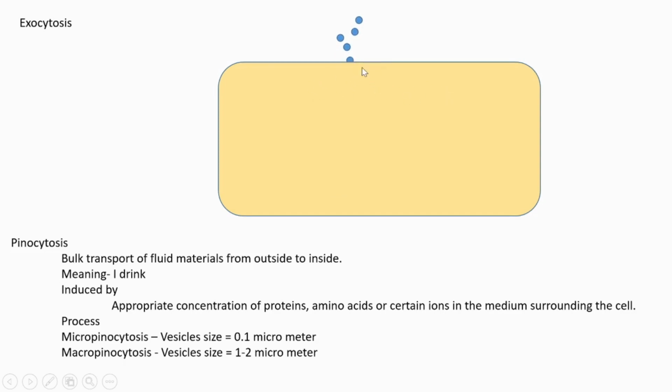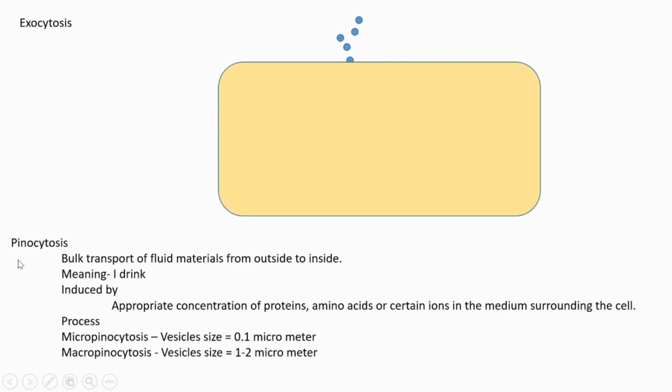Then the plasma membrane regains its original form because the vacuole becomes part of the plasma membrane, and at the same time the substance is released outside the cell. That is exocytosis: the transport of material from inside the cell to outside with the help of vacuoles.